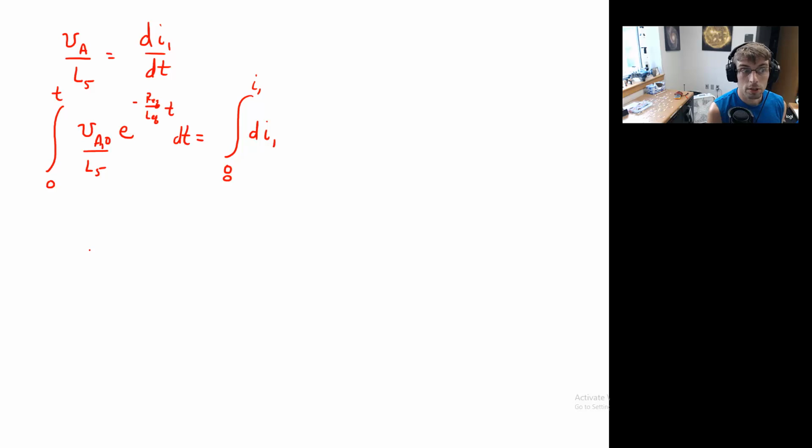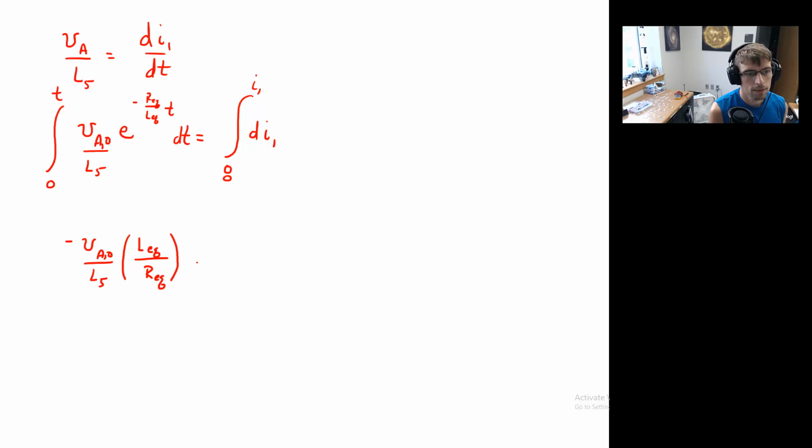So if we work our magic here, what do we find? We get a negative V, the initial potential, divided by the inductor. Then we have our LEQ over REQ. There we go.